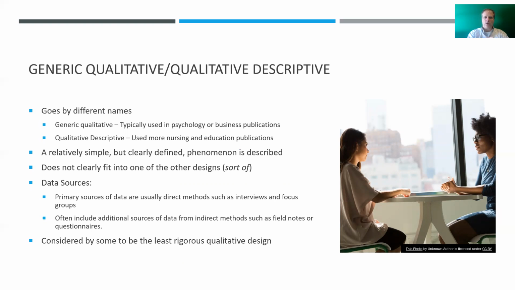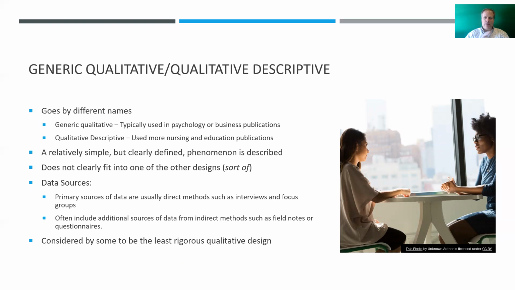If you're doing a qualitative descriptive or a generic qualitative as a university study, some schools require multiple sources of data, some don't. There's conflicting requirements in the literature of what they should be, whether you need more than one source of data or not. Again, in research, you can kind of do whatever you want if you can find sources to cite it, and you'll find different sources for that.